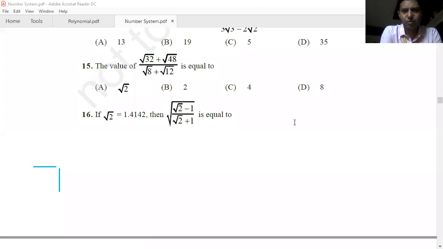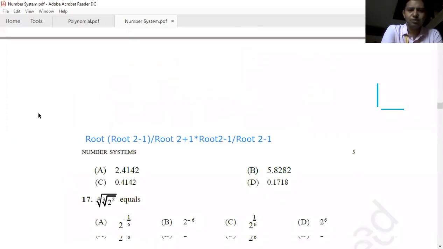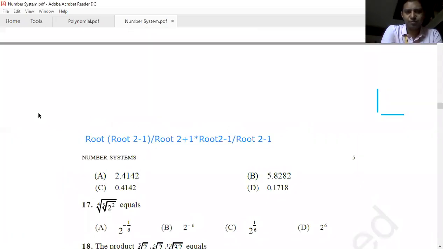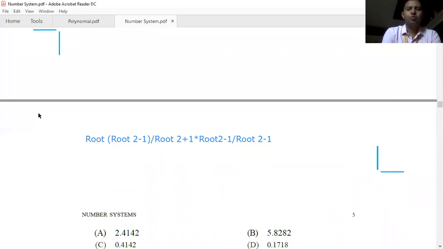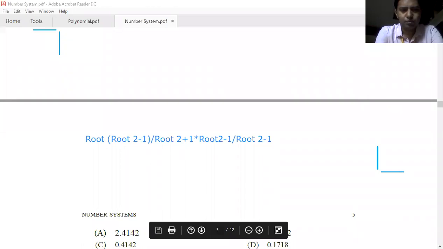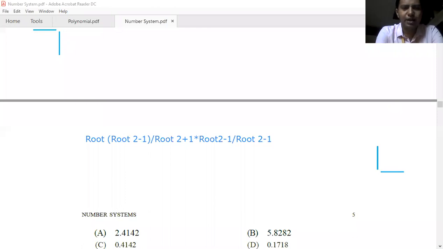We need to check whether C, 0.4142, is the right answer. Plenty of you had given the right answer as 0.4142, but I need to show you how, because there are many who didn't get the right answer.